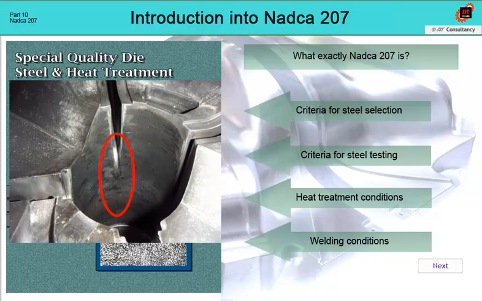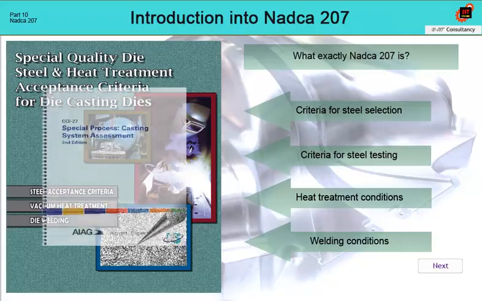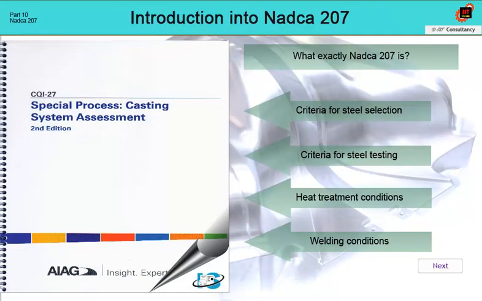The NADCA 207 specification was created only as a recommendation for tool manufacturers or for pressure foundries. In 2015, the Automotive Industry Action Group AIAG issued its CQI-27 guideline named Special Process: Casting System Assessment.